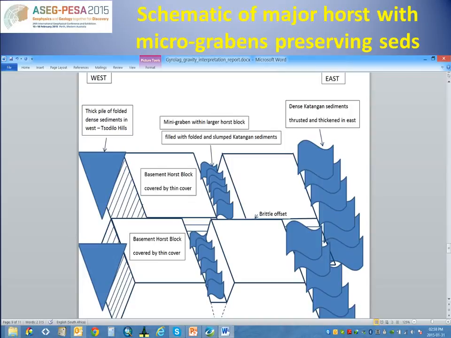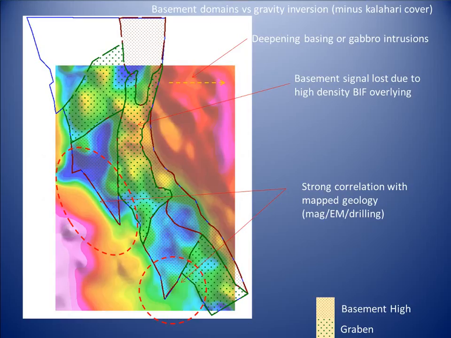So we have these basement horst blocks, and they've got micro-grabens in them that have got thin bits of sediment in them, and then this whole thing is offset by what look like brittle fractures. So we're starting to get a handle on where our big structures are, and where there's some offsetting smaller structures, and therefore, if you start to get a handle on that, you must be getting a handle on the mineralizing system. Okay, that was a cartoon.